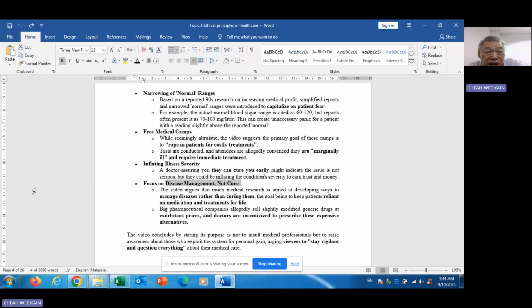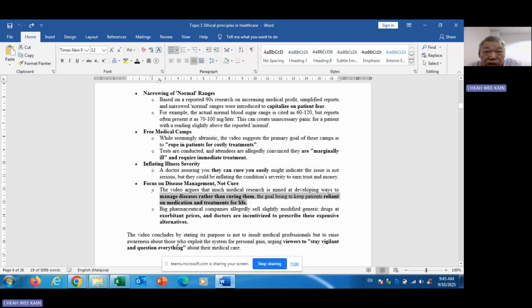So we are giving some disease management medicine. That's all. To manage disease rather than curing them. So keep them reliant on medication and treatments for life. Ask a diabetic patient. Ask a high blood pressure patient. These people are taking medicine for life. That means they're paying for life.